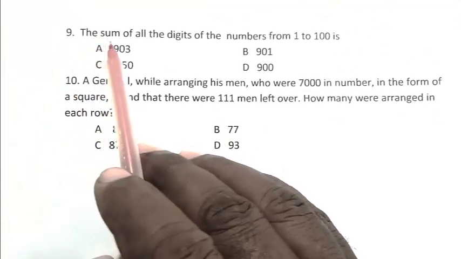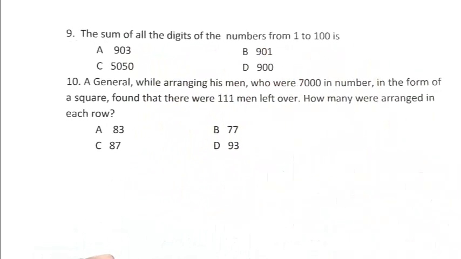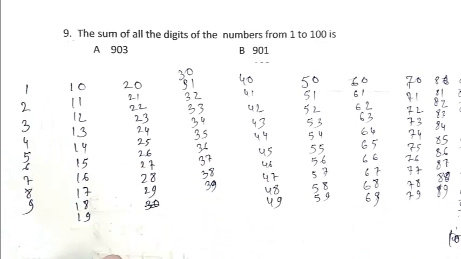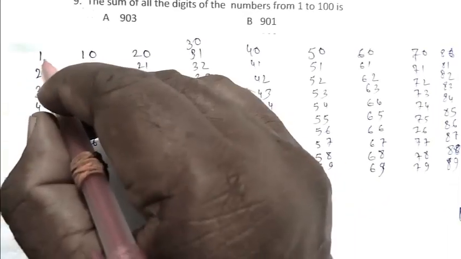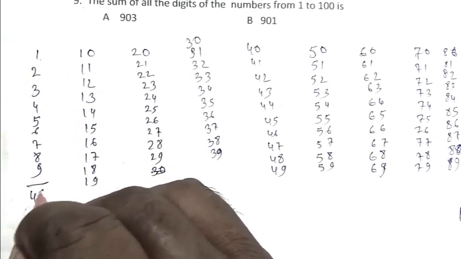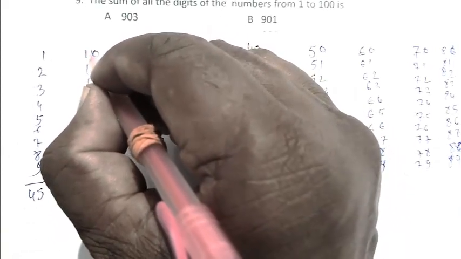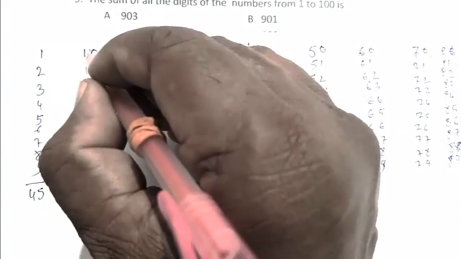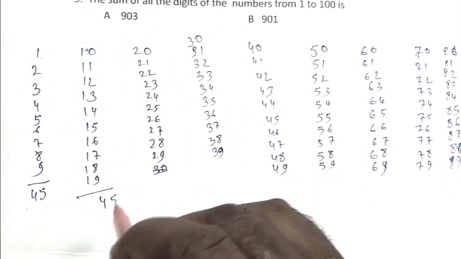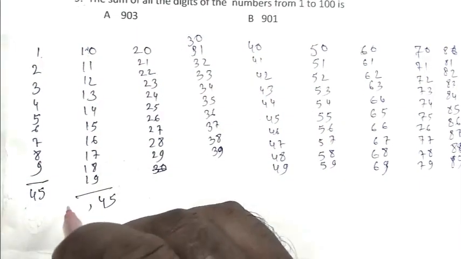Question number 9. The sum of all the digits of the numbers from 1 to 100 is. So the numbers from 1 to 100 are 100 in total. If we add all the numbers from 1 to 9, we get the sum 45. If we add the unit place digits of the numbers 10 to 19, we get 45, and if we add the tens place digits, we get 10.